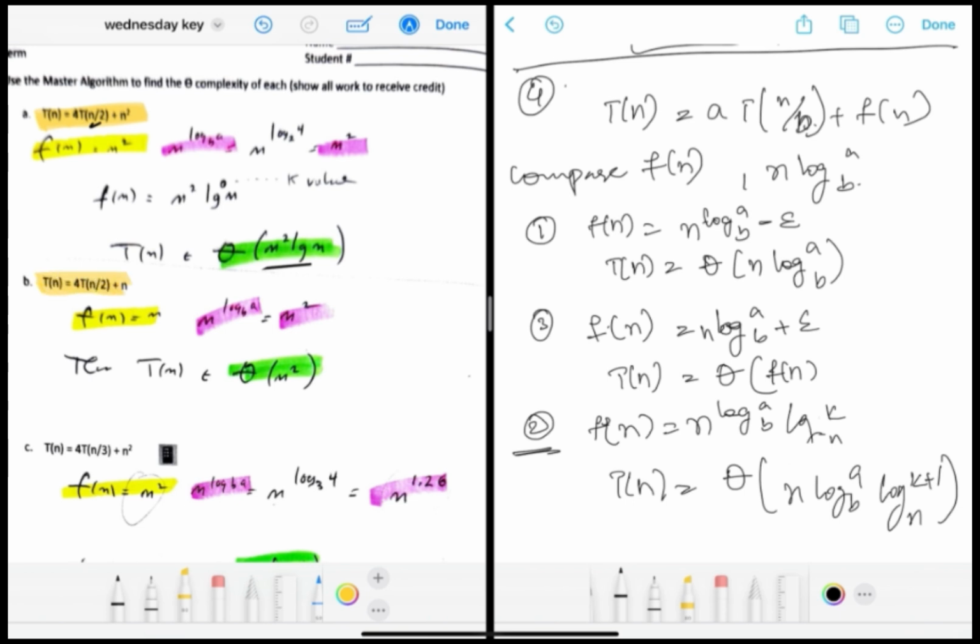For the second question, T of n is equal to 4T of n by 2 plus n. So here a is equal to 4, b is equal to 2, f of n is equal to n, and n^(log a to the base b) is equal to n^(log 4 to the base 2).